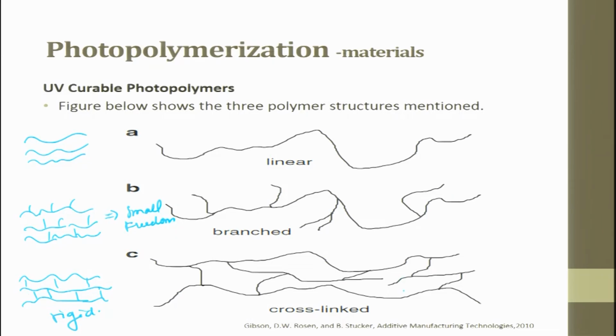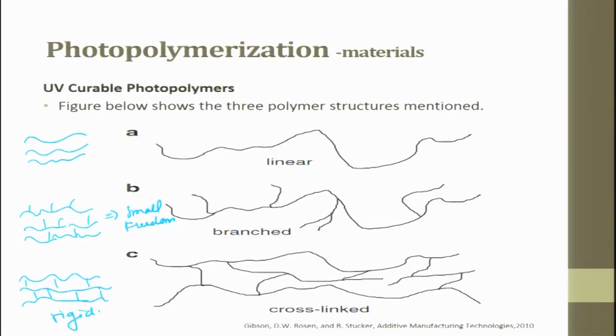Okay. So, this is the science behind photopolymerization. In photopolymerization, liquid polymer is used, and exposure of UV light converts a linear chain or a branched chain into a cross-linked chain. So, the mobility of the chains is arrested, so the strength increases.